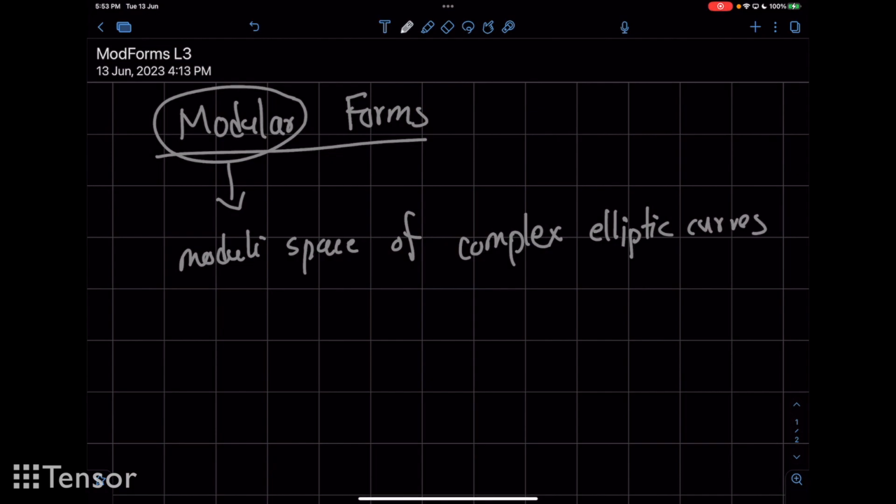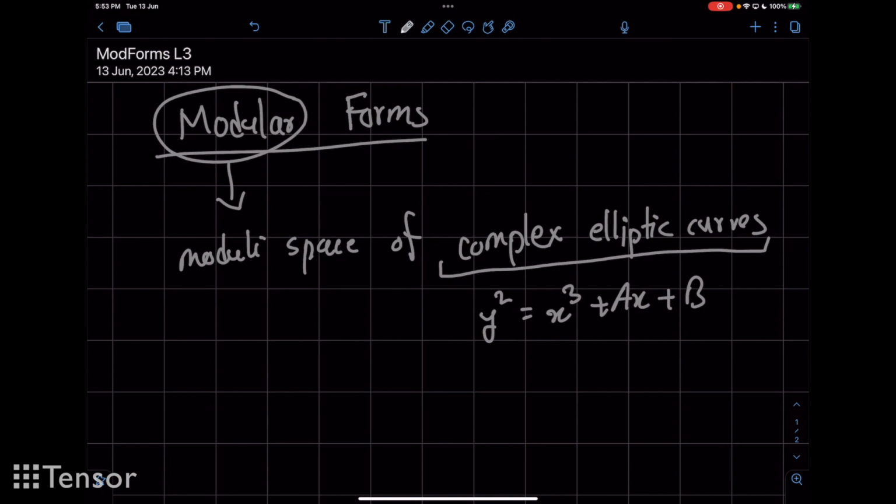Basically, a complex elliptic curve is a curve of this form: y squared equals x cubed plus ax plus b, where a and b are complex numbers. This also has to satisfy some conditions. I'm not going to define which conditions, but you get the idea.